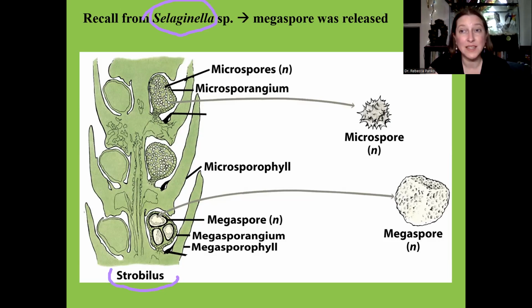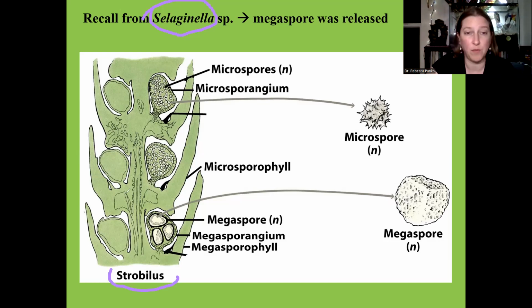What's on a strobilus? Leaves that have sporangia on them, right? Because we're talking about Selaginella, which is heterosporous, we know we're going to have ultimately two types of spores. So if we have two types of spores, we have to have two types of sporangia, and they're going to be on two types of leaves.